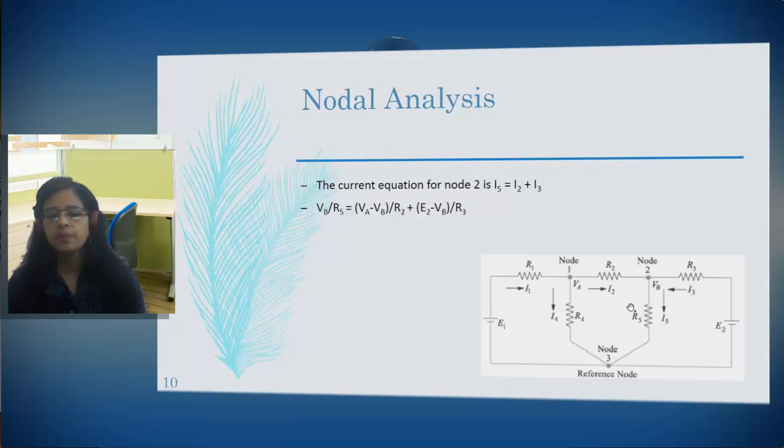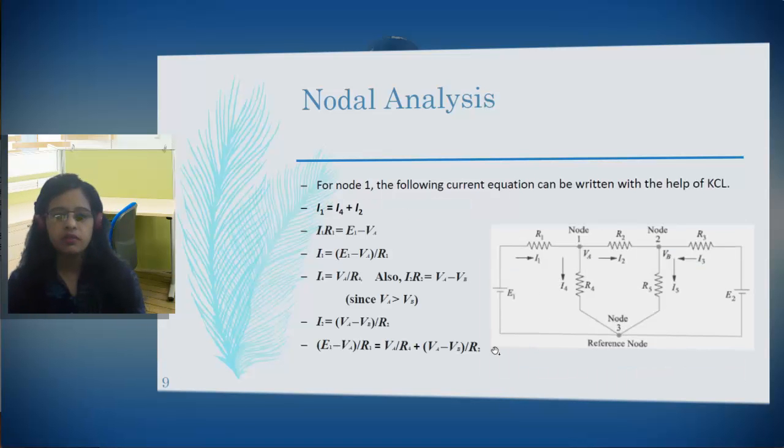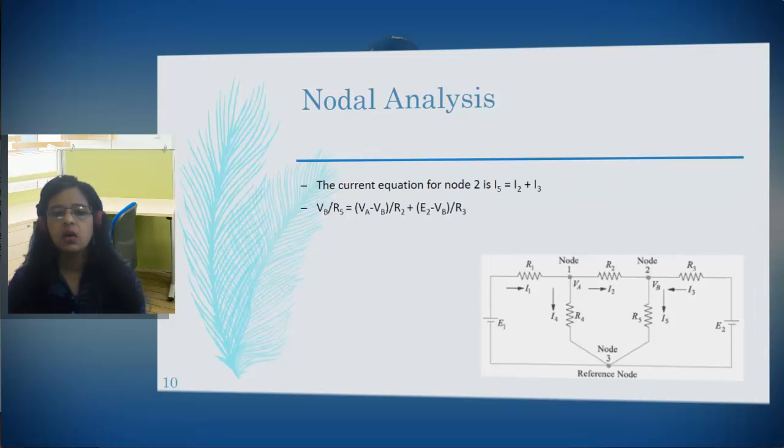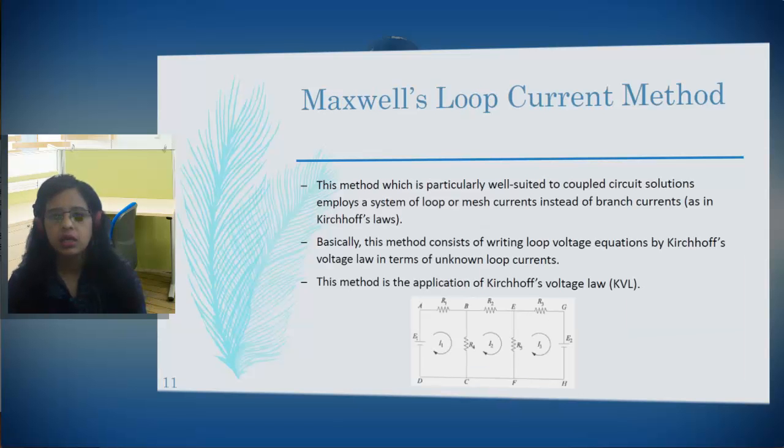I am just giving an example; it may happen that you need to find some other parameter. So this is how nodal analysis is applied.